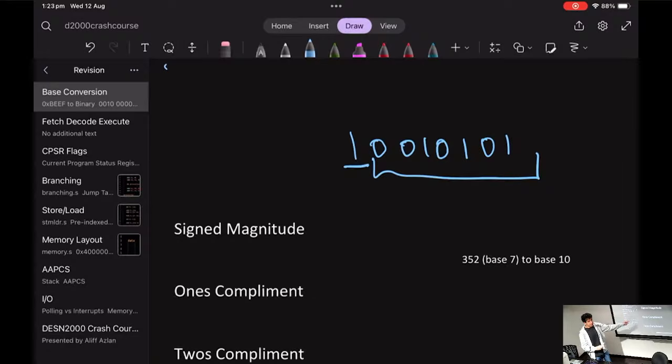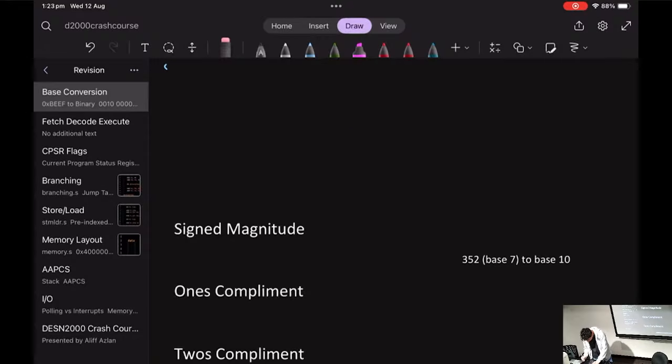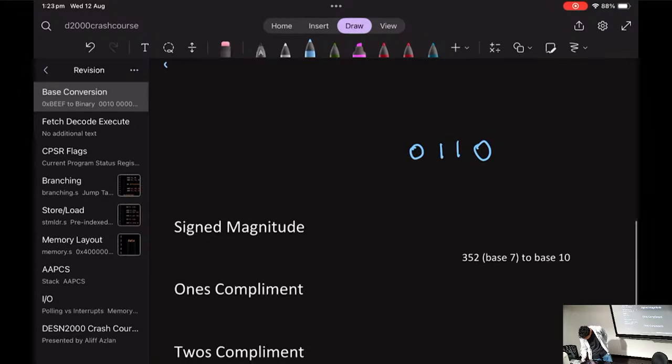Ones complement, on the other hand, is when we have a number. Let's do a 4-bit example. Let's say we have 0, 1, 1, 0. The ones complement basically means to flip it around, or like you XOR it with 1s. So the ones complement would be 1, 0, 0, 1.